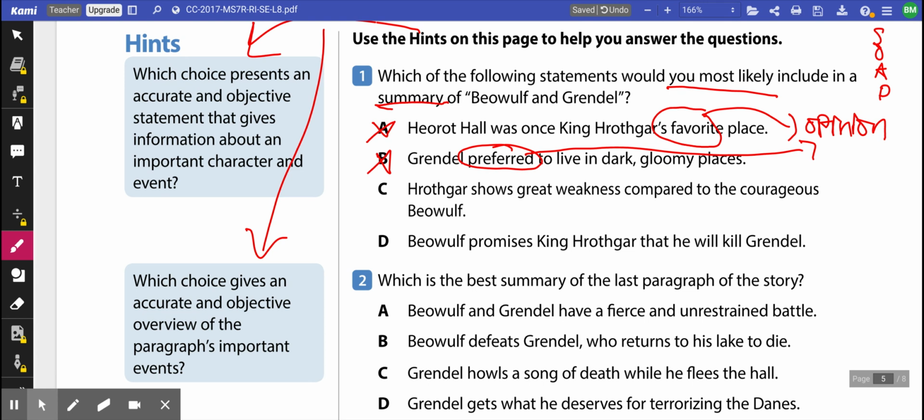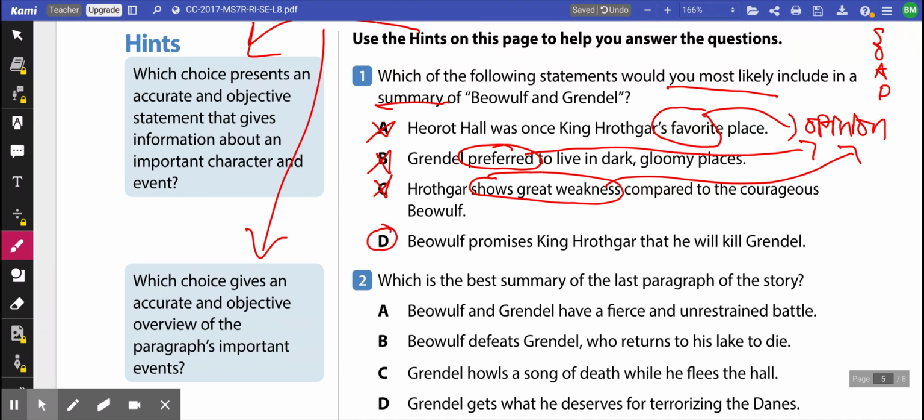C says Hrothgar shows great weakness compared to the courageous Beowulf. Well, this right here, shows great weakness, is also an opinion. So that cannot be our answer. And D says Beowulf promises King Hrothgar that he will kill Grendel. Well, he does promise. So that is our only one.